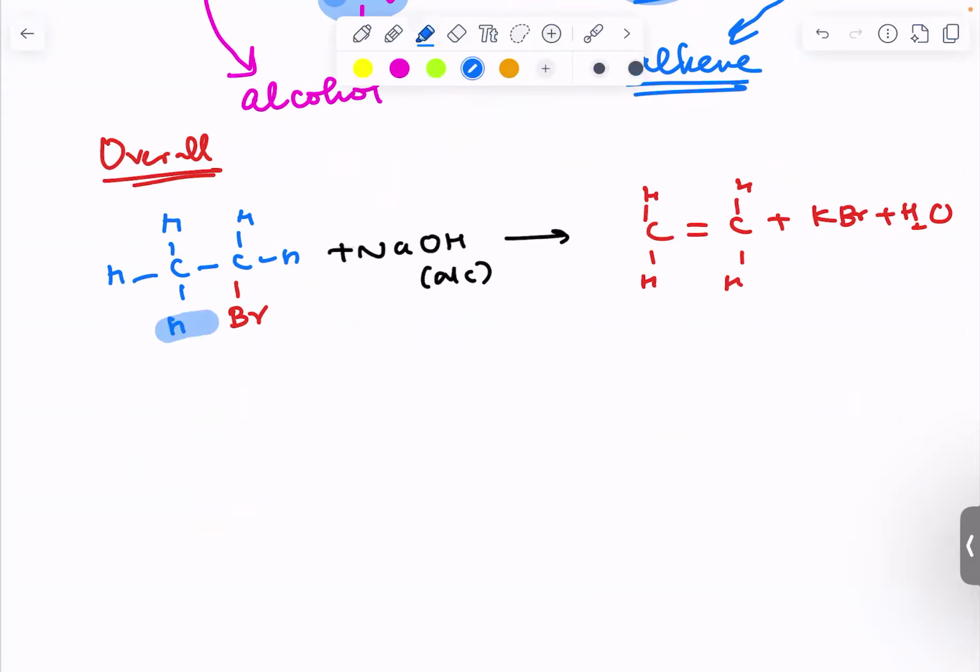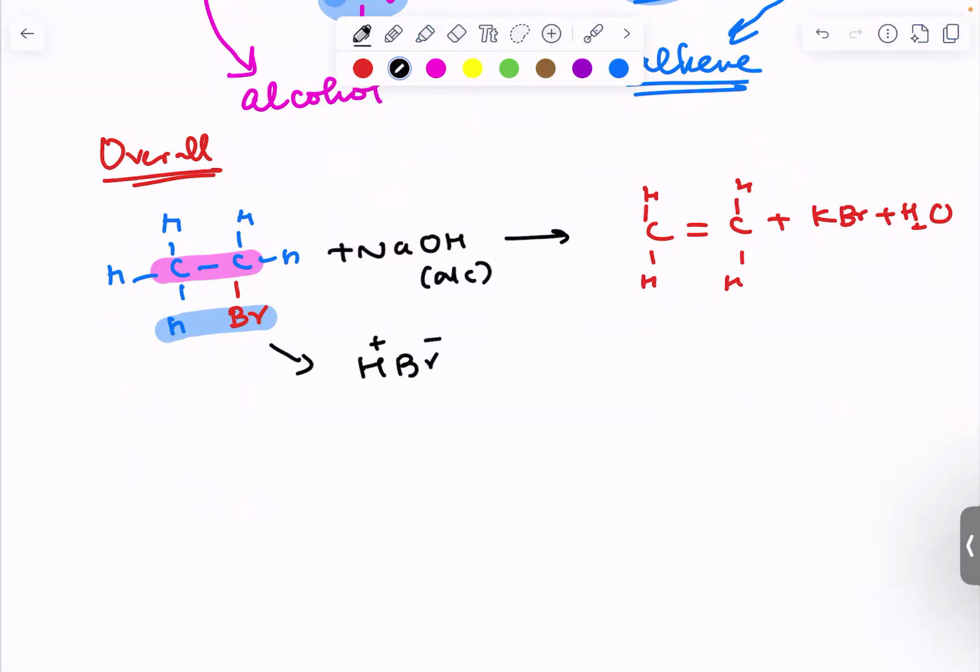Actually, this group will be removed from two adjacent carbon atoms. So what will be removed? HBr, and you know that HBr is a strong acid, so it will form these ions.